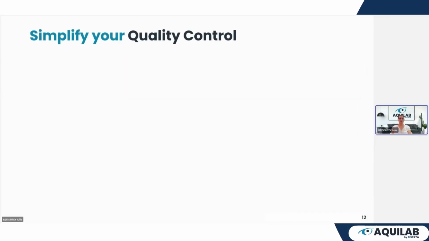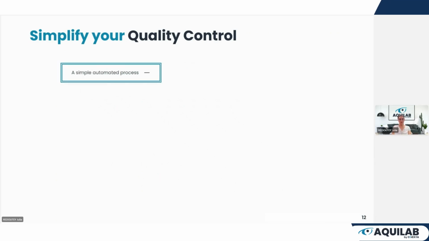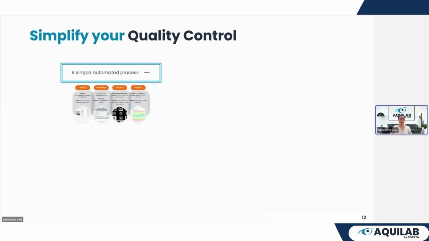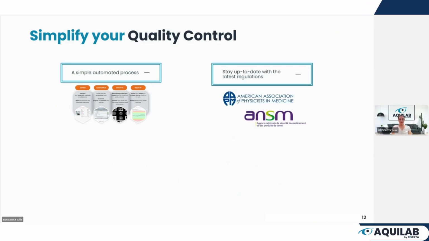So, with ARTISCAN, you can simplify your quality control. It's a simple automated process in 4 steps. With ARTISCAN, stay up to date with the latest regulations, the international ones and also the French ones.